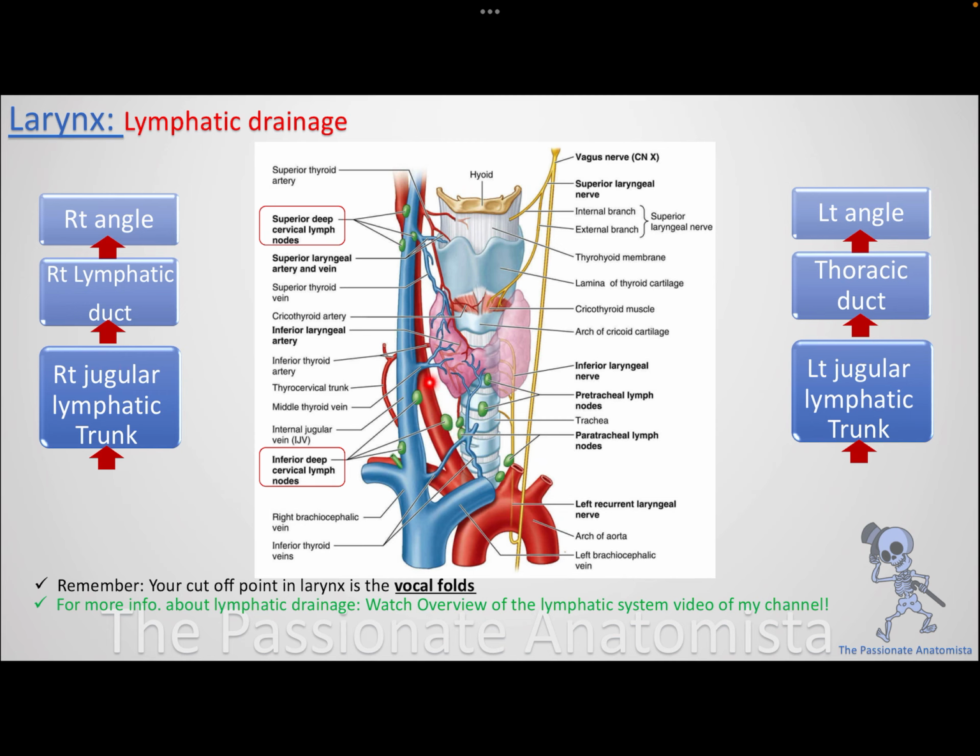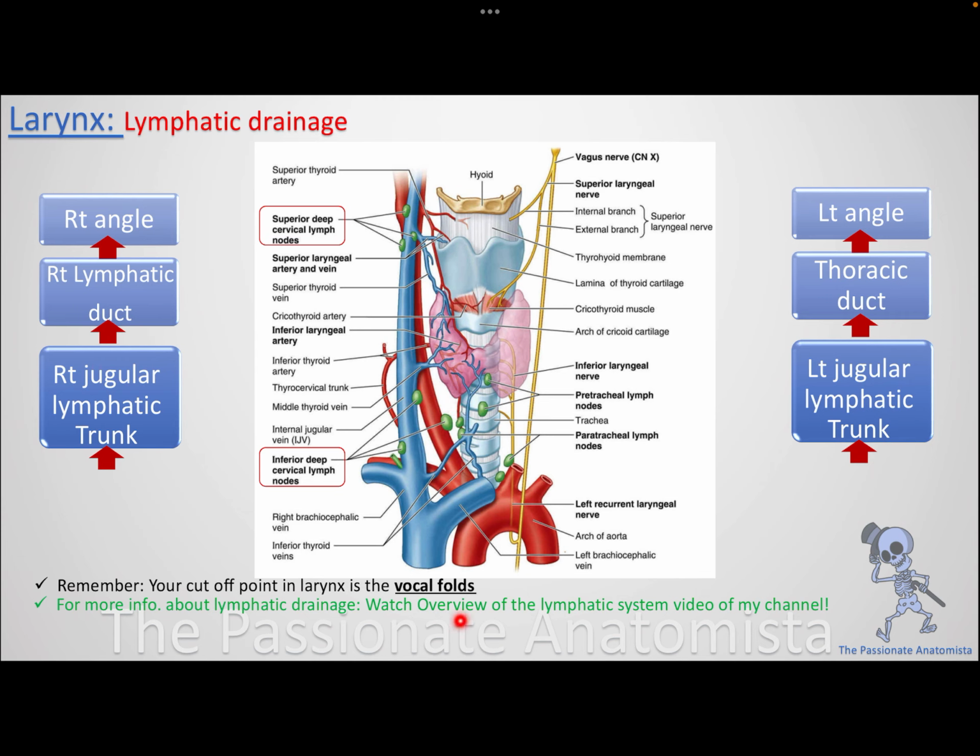It's basically by bringing lymphatics into the capillaries and draining them into lymph nodes, and from a node into a trunk. And from that trunk, you need to decide whether you're going to the right lymphatic duct or thoracic duct, and then you eventually drain into the left or right angles. If you guys don't understand these, go ahead and watch the overview of lymphatic system and come back to the slide to know how things work.